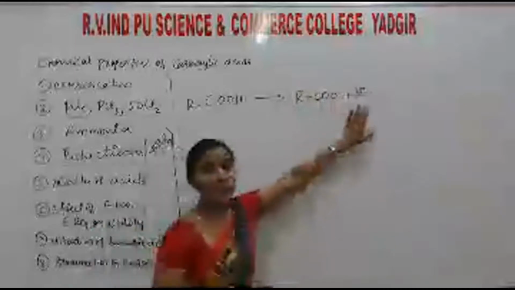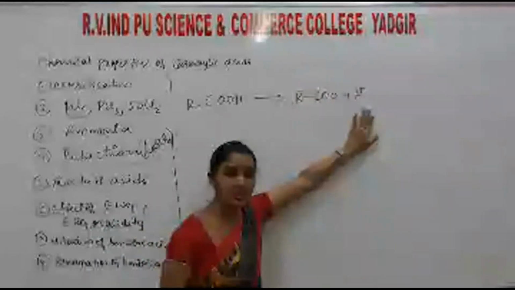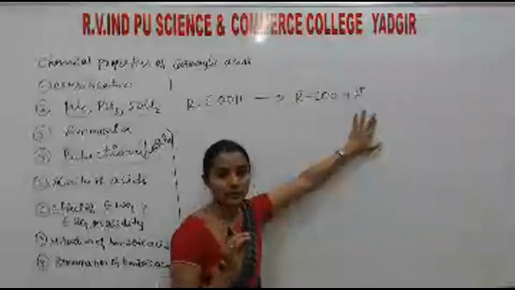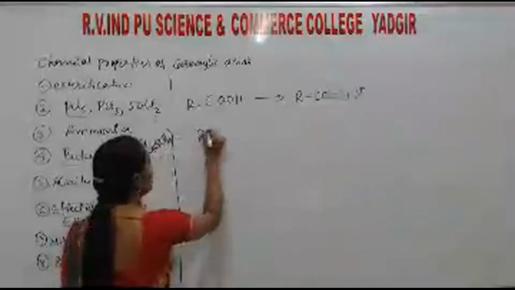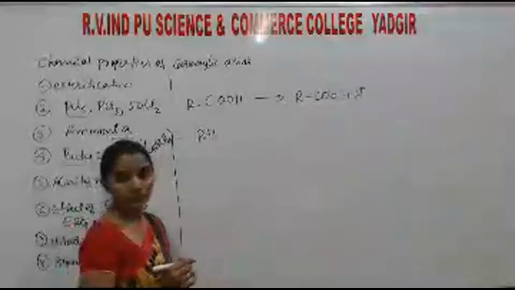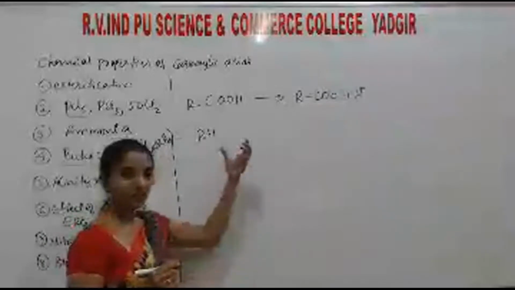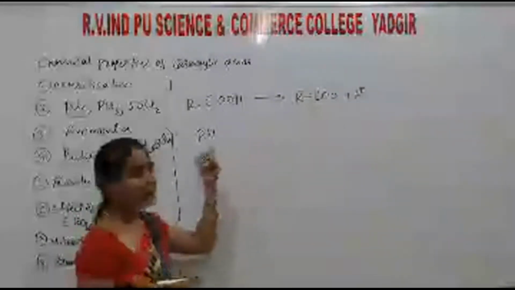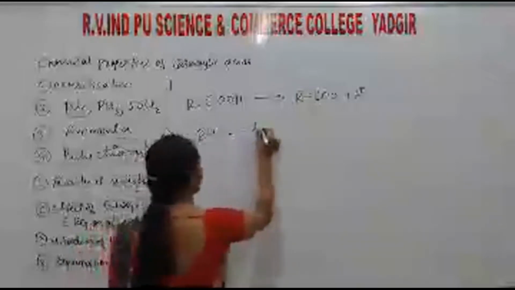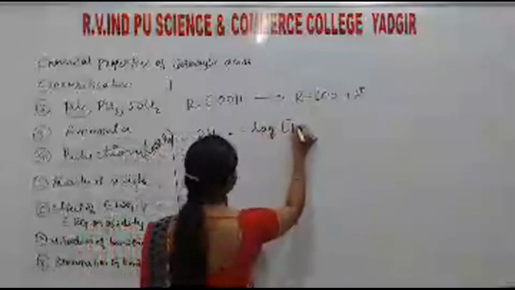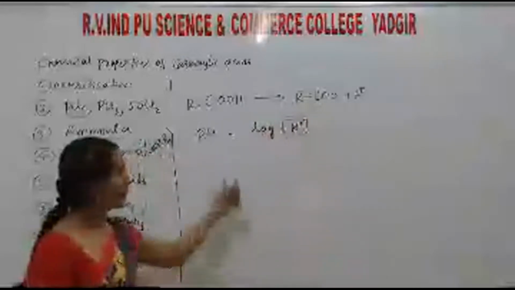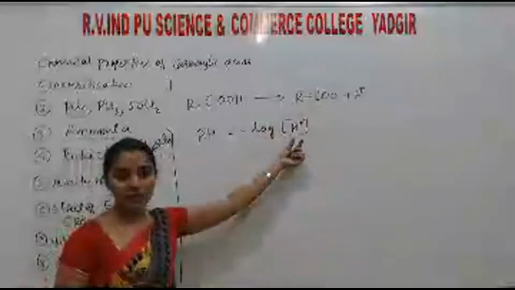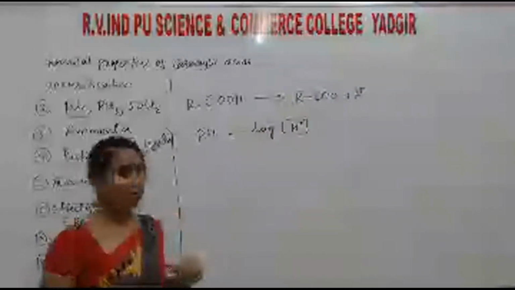So one which easily dissociates H plus, that is an acid. Okay. So this acidity is measured in pH. The equation for pH is minus log concentration of H plus ions.